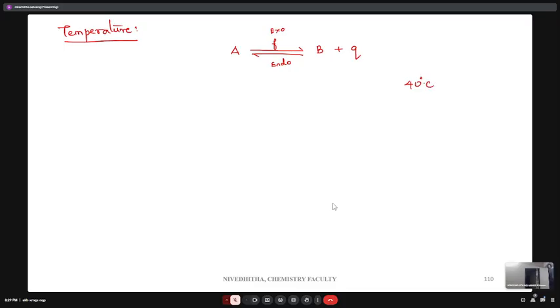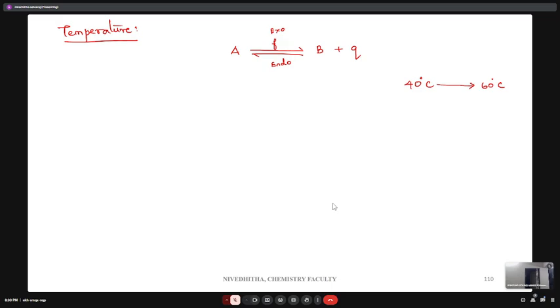Now I'm going to heat this mixture, and I'm bringing this 40 degrees Celsius to 60 degrees Celsius. So basically I've disturbed the system by raising the temperature. So this reaction mixture will bring the 60 degrees again to 40 degrees Celsius.